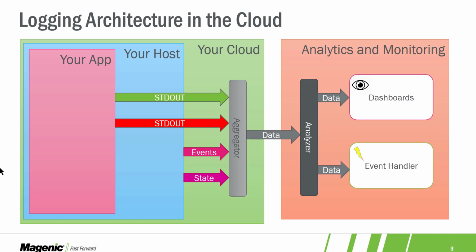Your hosting provider may also emit events in state of its own. Those typically flow to an aggregator. That data then flows to some sort of analyzer. And then we like to see the output of that on some sort of dashboard. And we want to take actions on that data based on some sort of event handler.